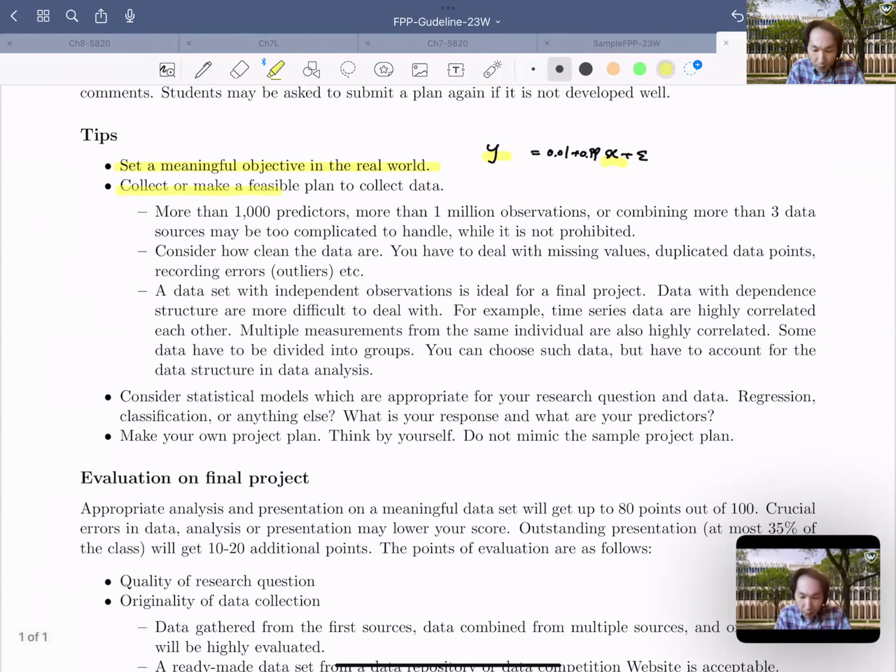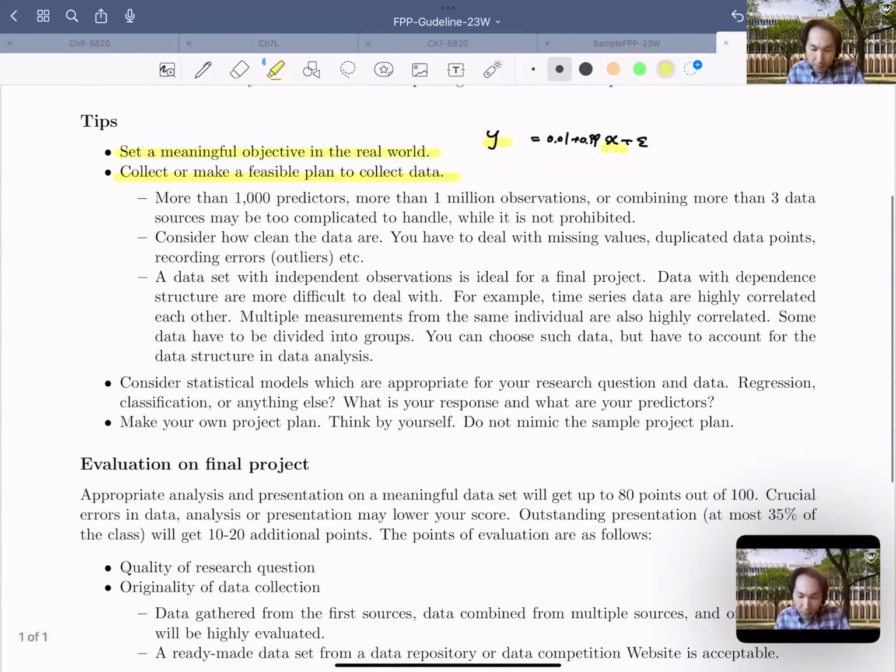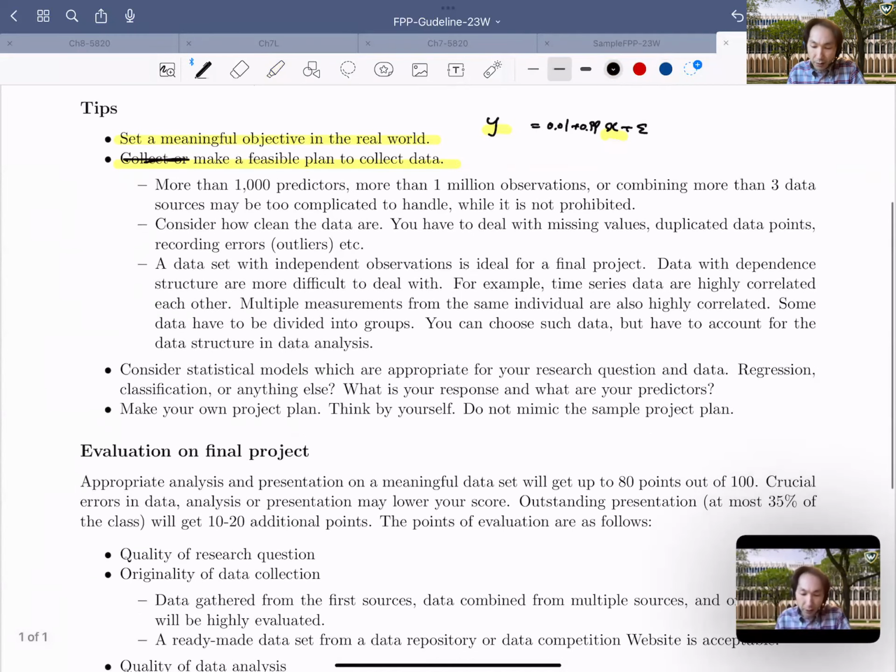And make a feasible plan to collect data. If there are too many predictors, too many observations, or you combine too many databases and data sources, or if you have to gather data by yourself, then it takes time.